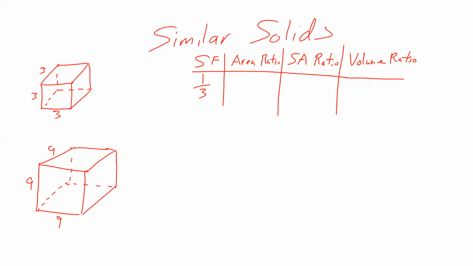It was 1/9. And what we said about that was this was our scale factor squared. So now we have two other ratios to look at. Surface area and volume. How are they going to relate to our original scale factor?